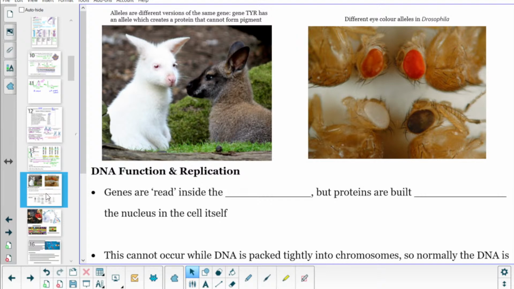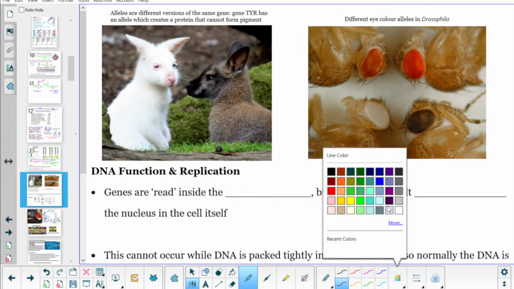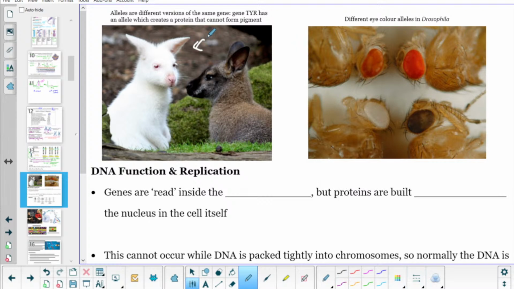Okay, this is the last page. I'd like to finish it up. We have albinism right here. So there's a little albino bunny, and I'm not going to write that because it doesn't matter.